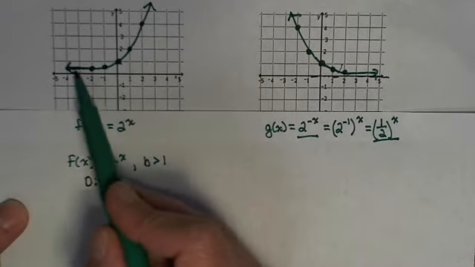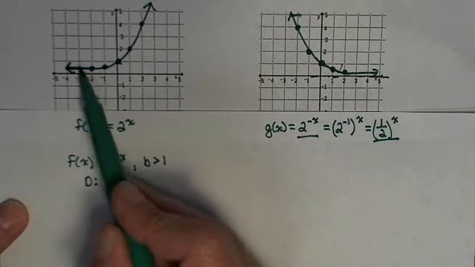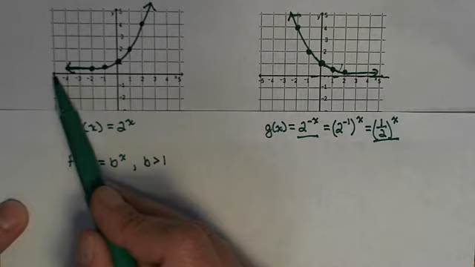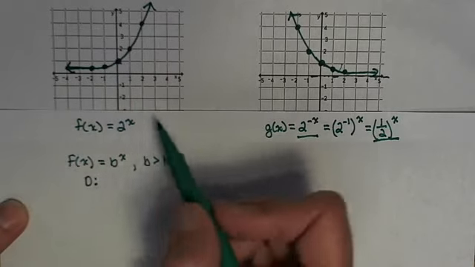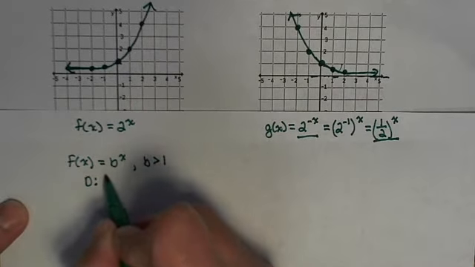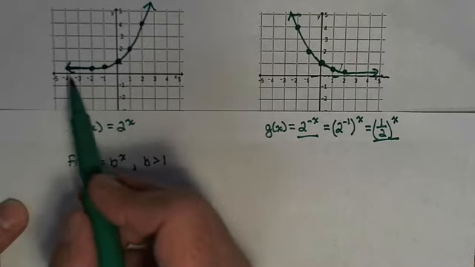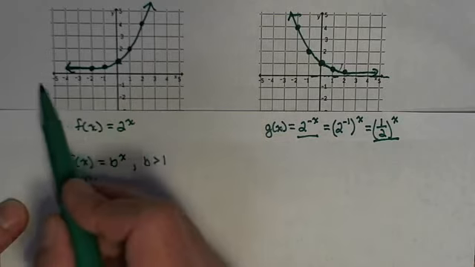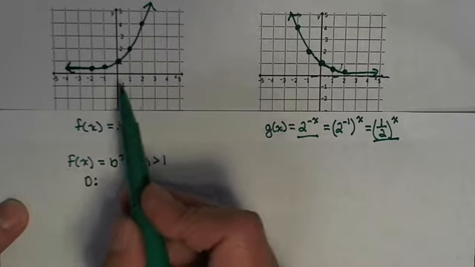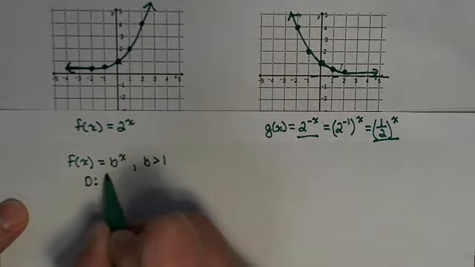Well, remember we talked about the fact that this part of the graph will never touch the x-axis or go below it. So therefore the domain of, well, that's going to be for the range actually, but for the x values, our definition does tell us that any x value can go in here.